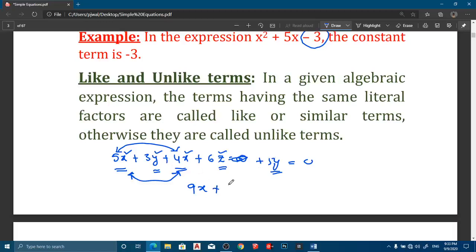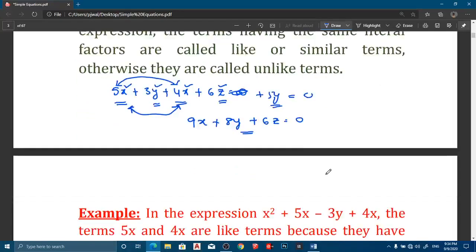Here 3y plus 5y means 3 plus 5 is 8y, and the remaining term 6z is equal to 0. Like that you can simplify the given equation. If you have like terms, you can just add them, or if there is a minus in between them, you can subtract them. That's the main use of finding out like and unlike terms.